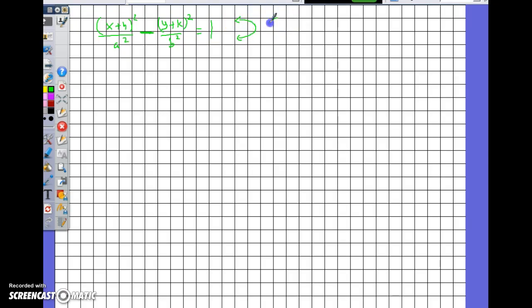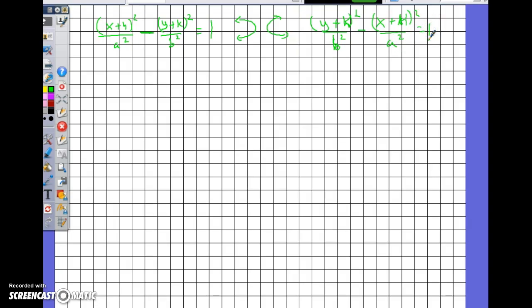And you might want to make a note of this somewhere. When it's like this, b squared minus (x + k), I messed that up, there should be h, my bad, squared over a squared, which equals 1.